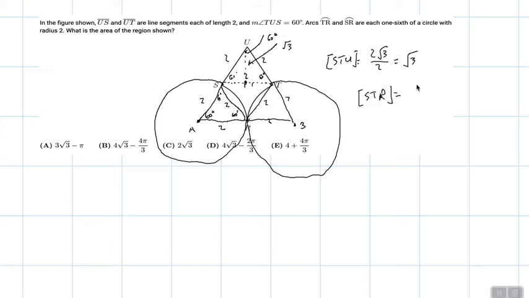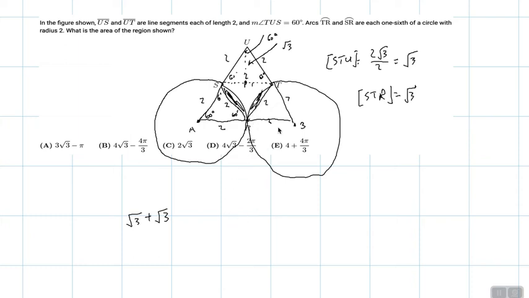So that measure is going to be root 3. So for the area of this region, so far we have root 3 plus root 3. But that's not the area of this region because we overcounted. We don't want to count this region right here, this segment. We don't want to count that.